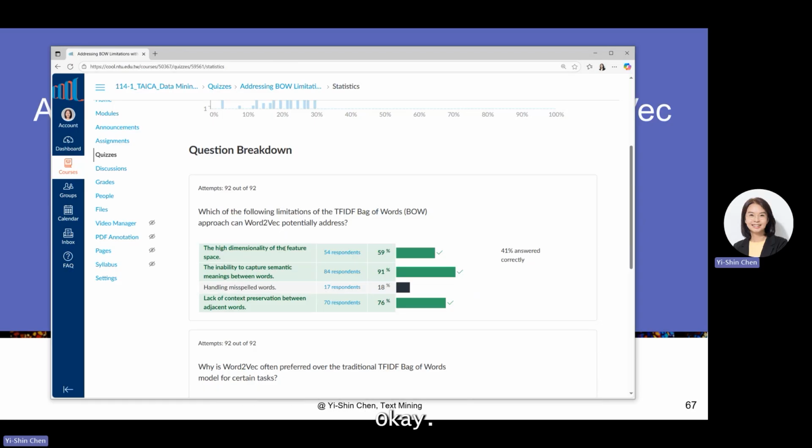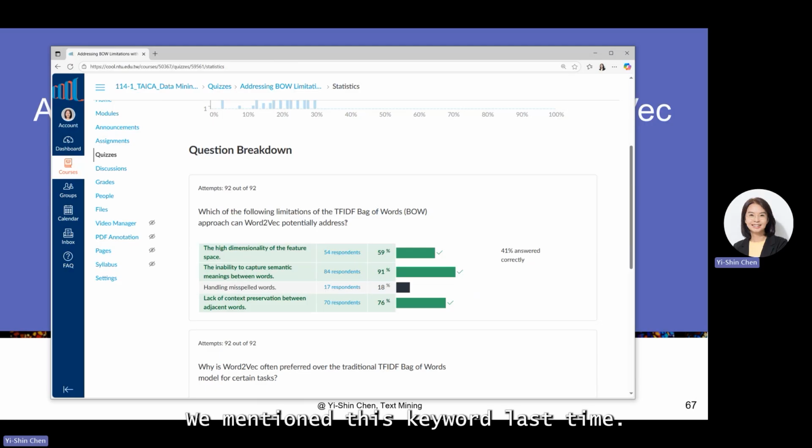Okay, so first, the TF-IDF bag-of-words model suffers a lot from its dimension. The dimension in TF-IDF bag-of-words is quite high because each dimension represents a word selected after TF-IDF. Because of it, we usually call the TF-IDF bag-of-words approach a sparse representation.